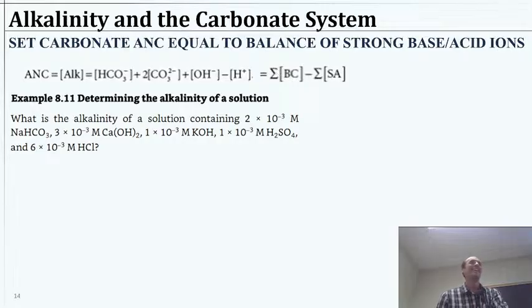Do you use the concepts of strong acids and strong bases dissociating entirely to make some assumptions? Yes, the reason we have the strong acids and strong bases set aside here is because they dissociate entirely and they don't have any interaction. They're not taking away any protons or OH minuses as you shift pH.